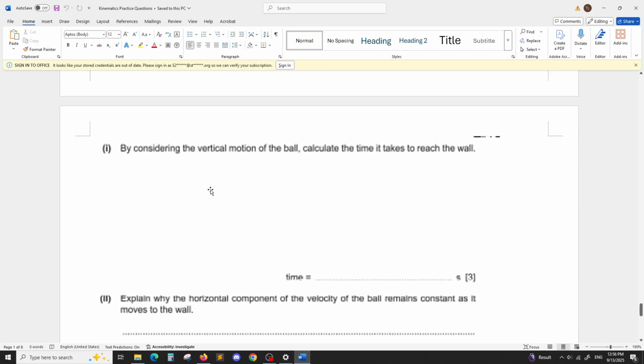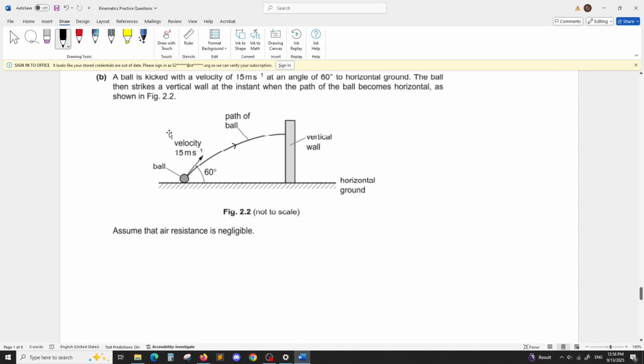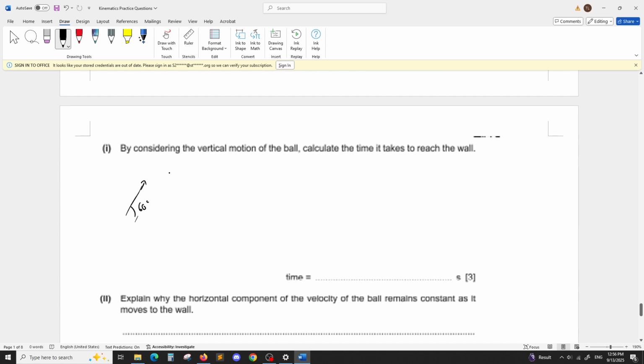So the vertical motion, we know initially that it's a vector like this, at 60 degrees. The magnitude is 15. So we have to split it up into vertical and horizontal. The first part is horizontal.